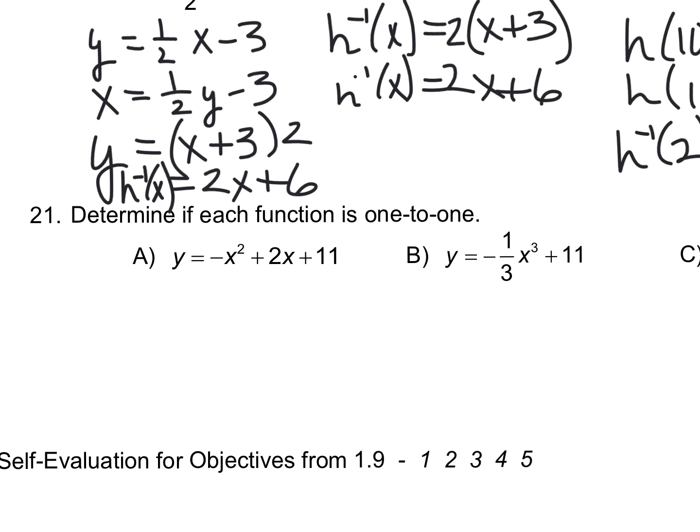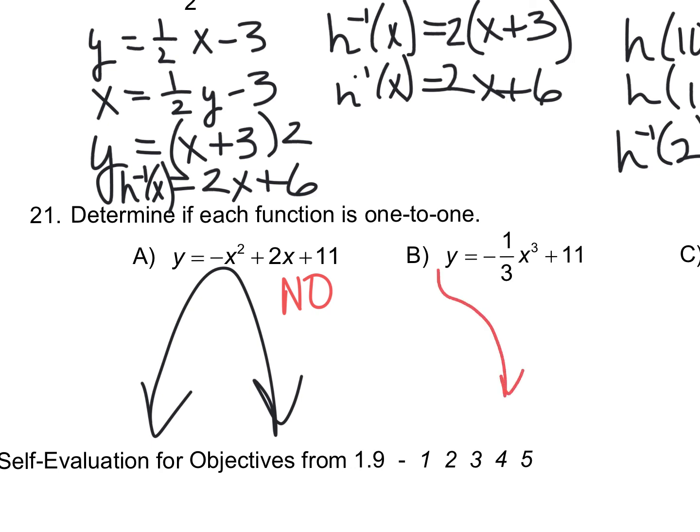So if I look at this, I have a quadratic. I know if I graph the quadratic, it's got that negative out front. It's going to look something like that. It will not pass the horizontal line test, so that would be a no. A cubic function, you could just graph that, but we do know a cubic function, it got moved up 11 and flipped over, so it's going to look something like that.